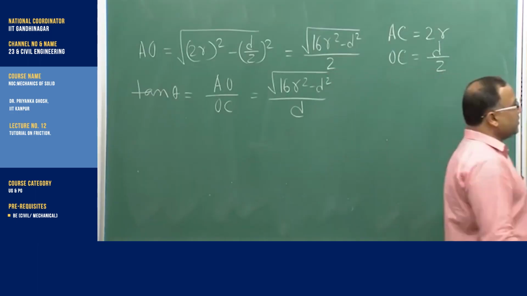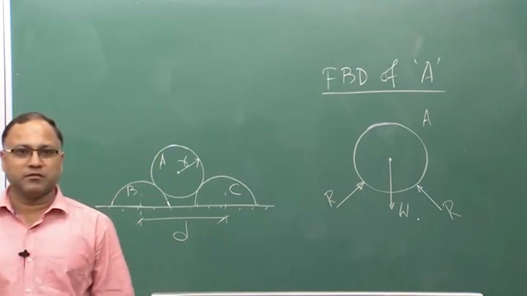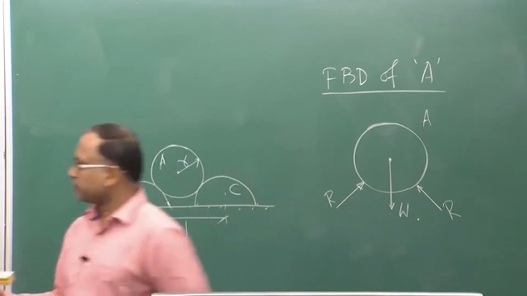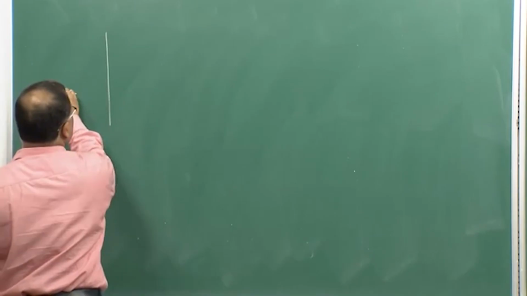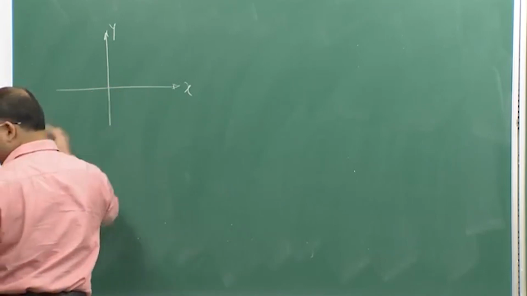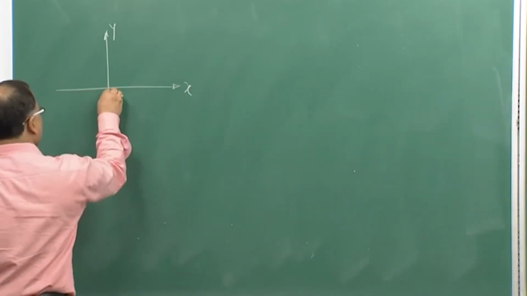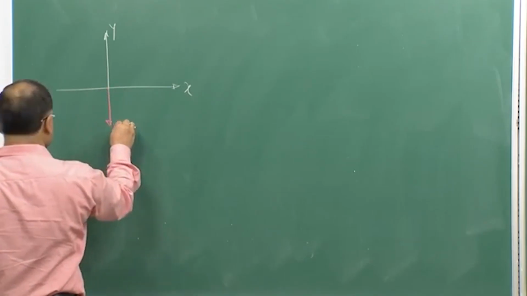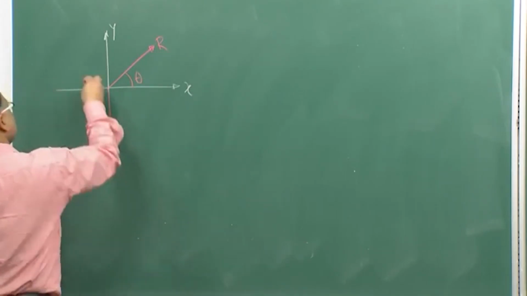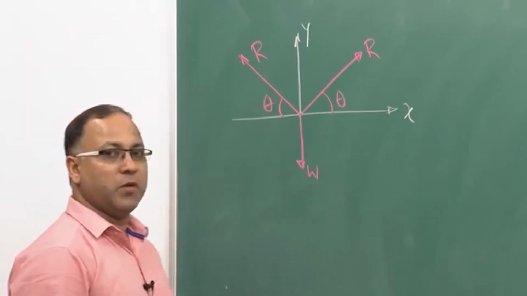In the xy frame, this is W, and this is R making an angle theta, and this is also R making an angle theta, with theta already obtained from the geometry.